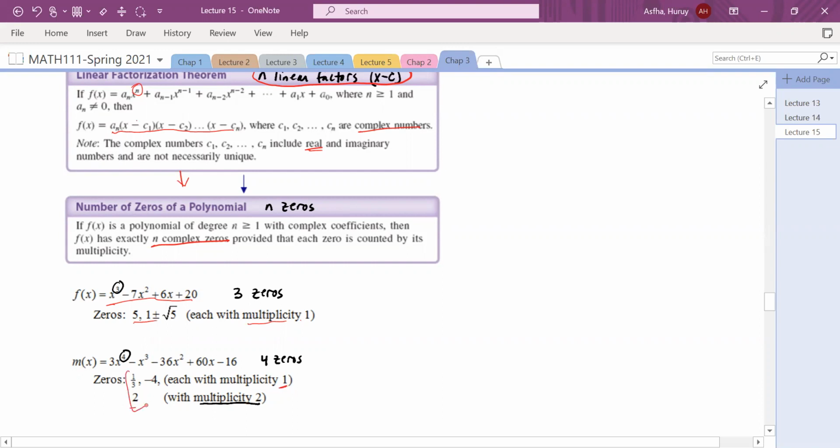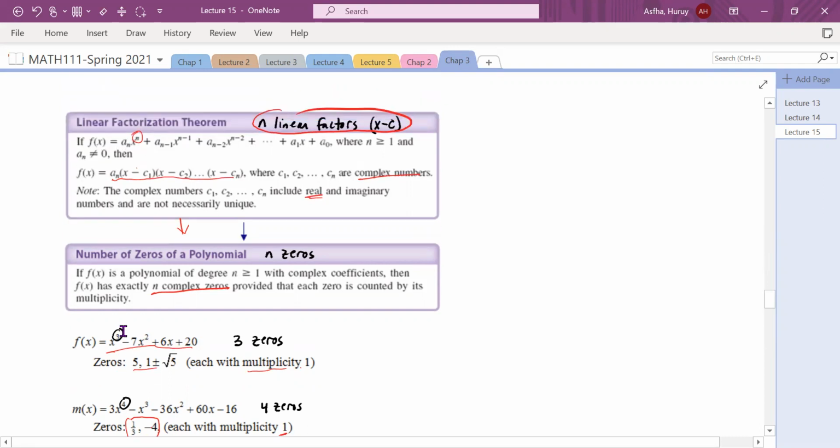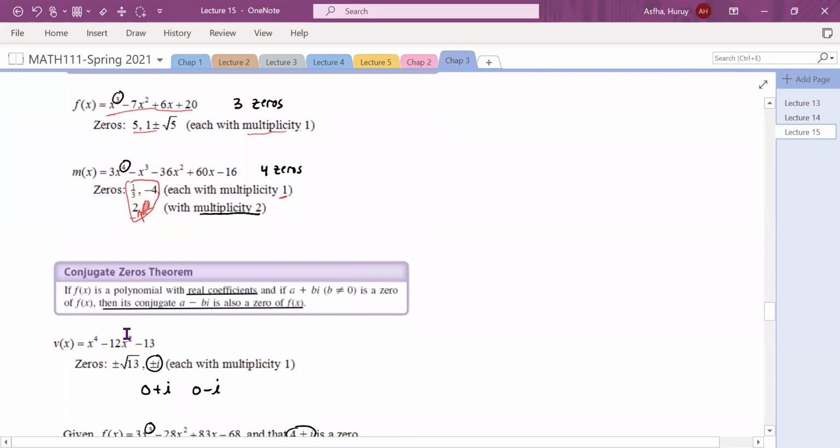If you look at these numbers, they are 3, but since 2 has multiplicity 2, we have two 2's as zeros of the polynomial. So in total, we have 4. But normally, if it is the same number, we write 2 once and say it has multiplicity 2. So these are the number of zeros of a polynomial and the linear factorization theorem.